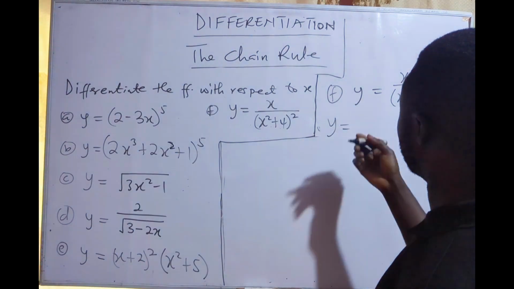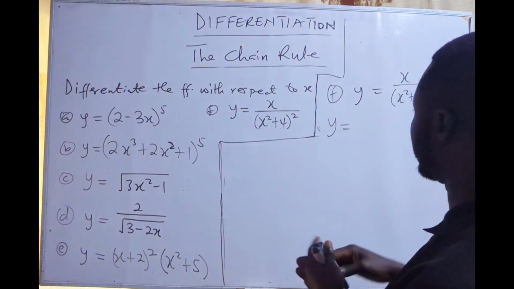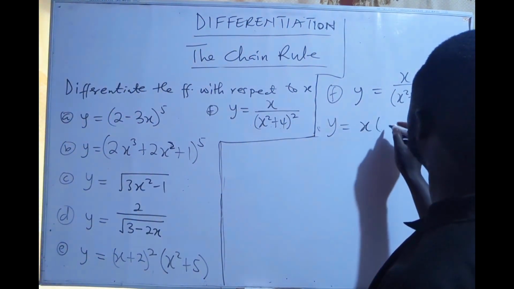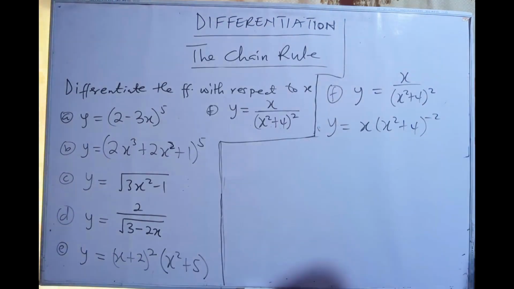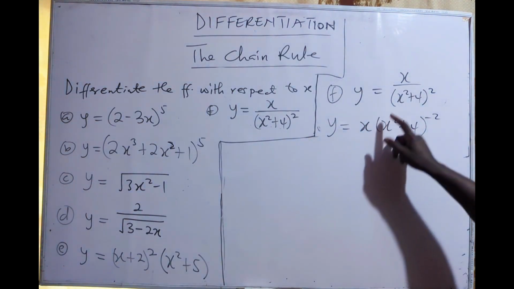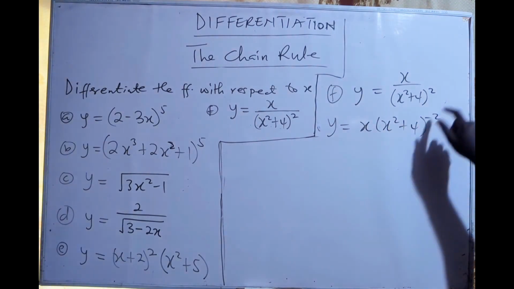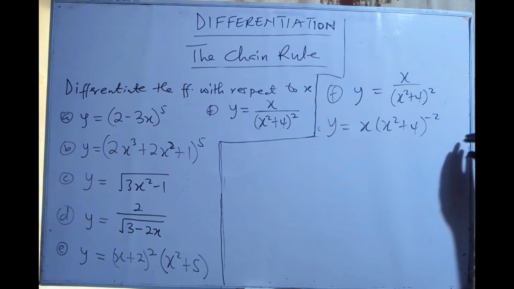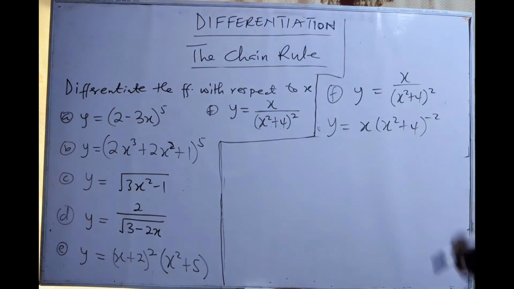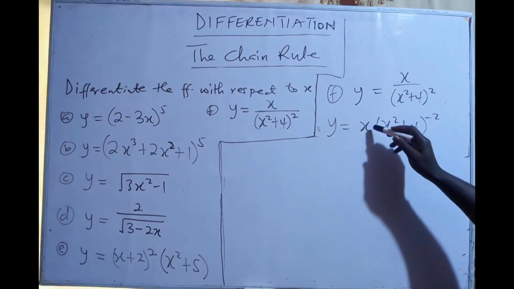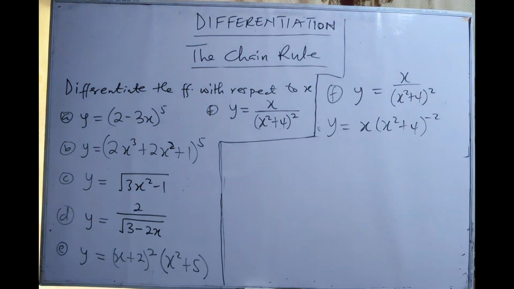So y will be equal to x multiplying (x squared plus 4) exponent negative 2. So here we are going to apply the product rule and then the chain rule at the same time, because we have x multiplying (x squared plus 4) exponent negative 2.